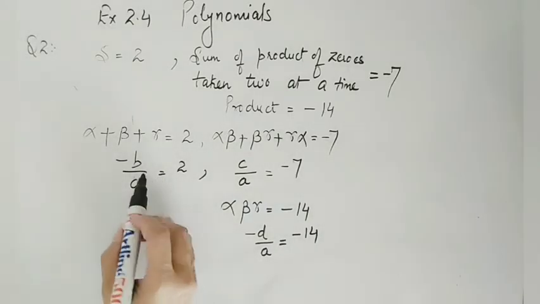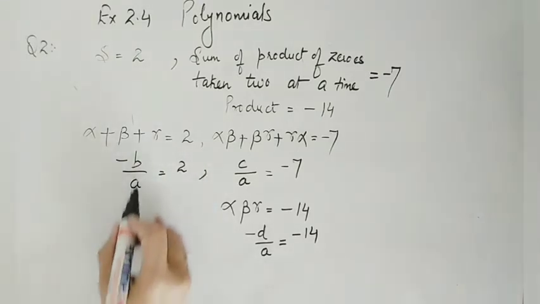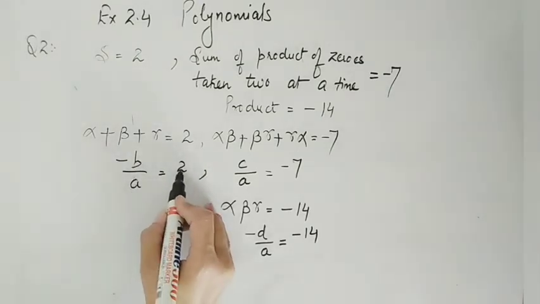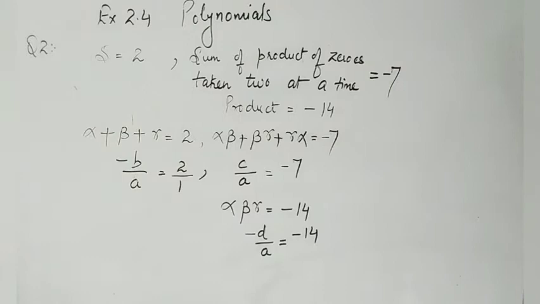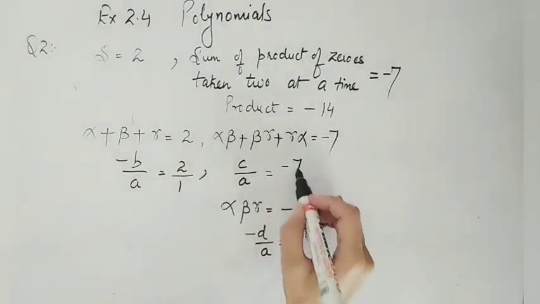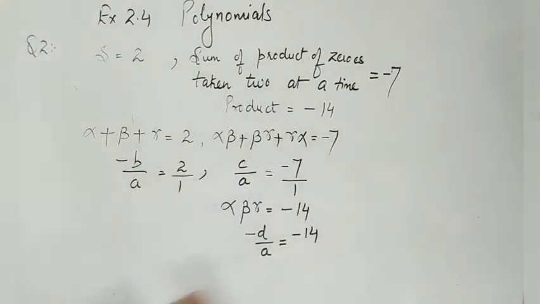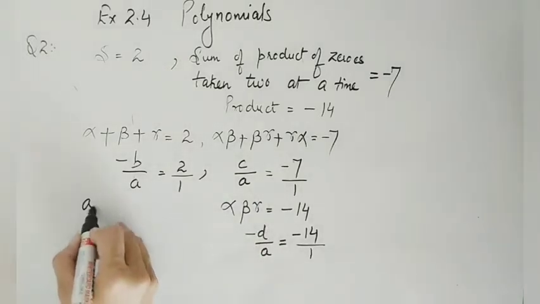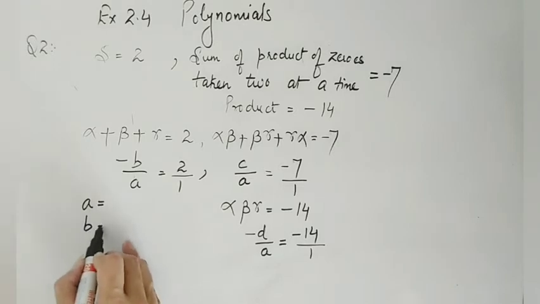So over here, when you observe it carefully, minus b by a is 2. Can I write 2 by 1? C by a is -7. It can be written as -7 by 1. Minus d by a is -14. It can also be written as -14 by 1. Now what is the role of 1? This is going to help us find the values for a, b, c and d.